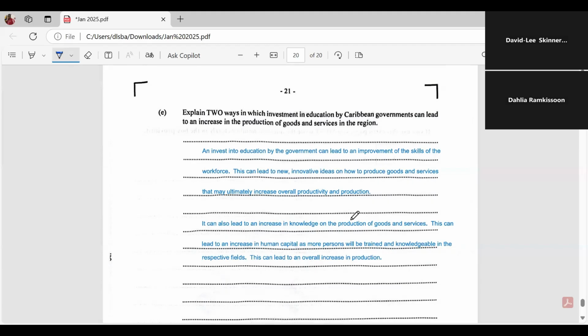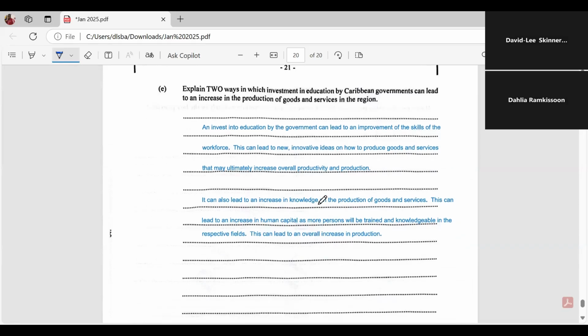And if there are more people they could hire, that could definitely lead to an increase in overall production. Because 10 people producing goods and services as opposed to 30 people producing goods and services, you're going to have more production. So you'll have more skilled workers and you'll have a larger number of workers, both of which could lead to an increase in production.